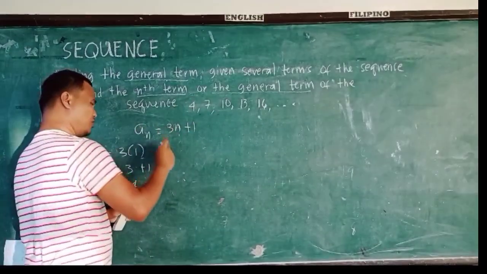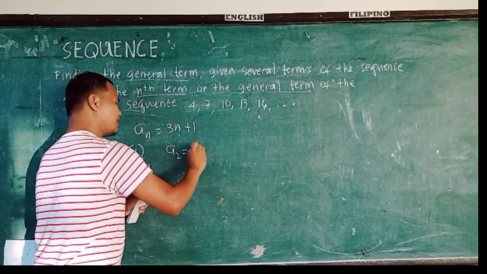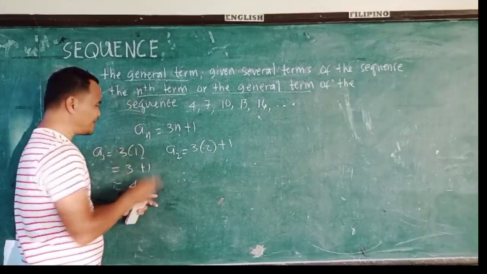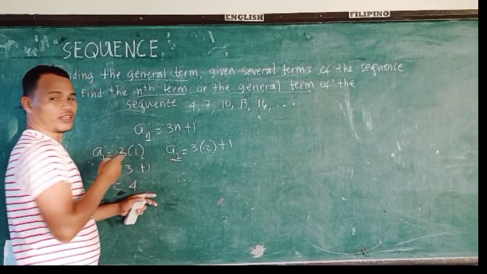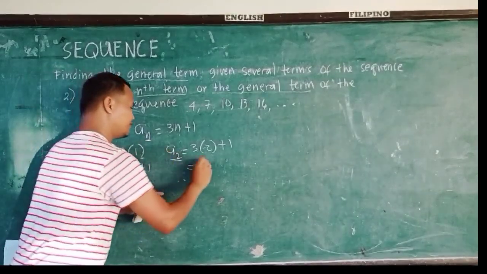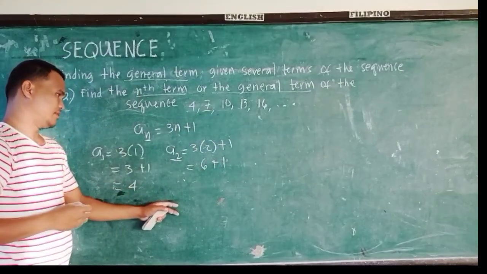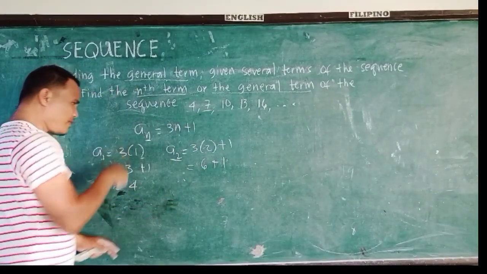How about the second term kung sakto ba niyo? So a sub 2 will be 3 times 2 plus 1. We substituted n by 2 because we are solving for the second term. So we have 6 plus 1. What is 6 plus 1? 7. Okay?